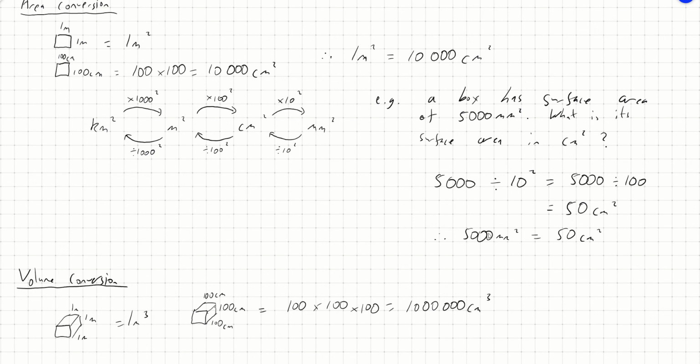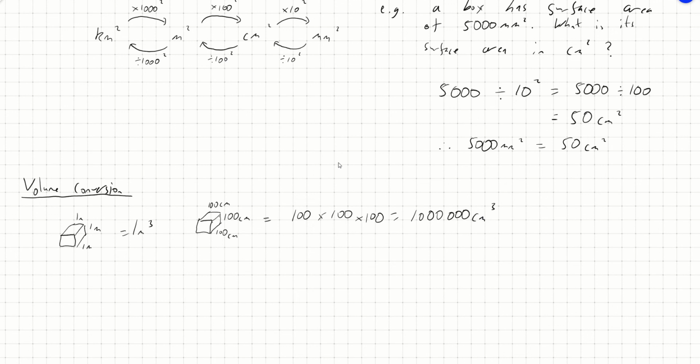So again, if we look at our chart, to get from kilometers cubed to meters cubed, hopefully you get the pattern now, we're going to multiply by 1,000 cubed. Getting from meters cubed to centimeters cubed, you multiply by 100 cubed.